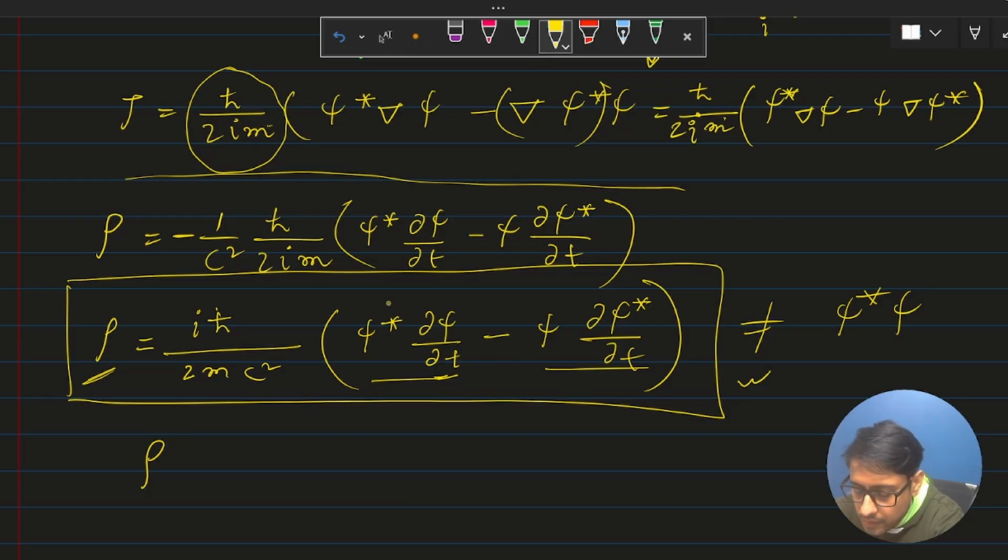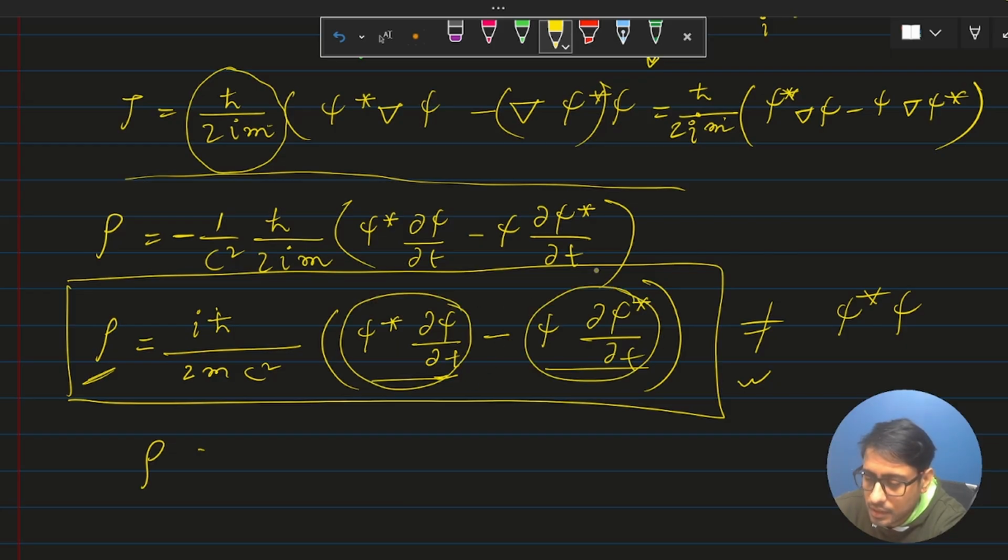Secondly, this can be either positive or negative depending on which term is greater. So this implies rho can be either positive or negative.